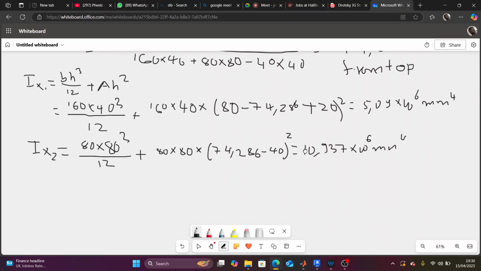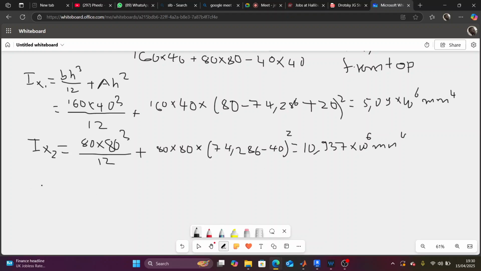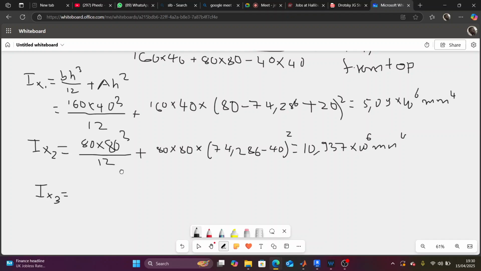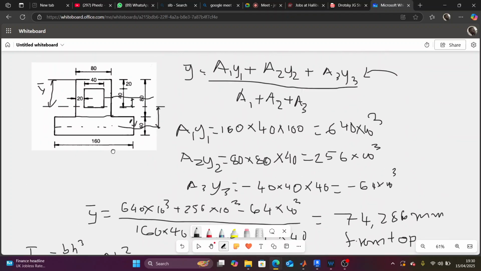Okay, no problem. Can we go to Ix3? What do we have? Remember, Ix3, the distance will also be from the center here to here.